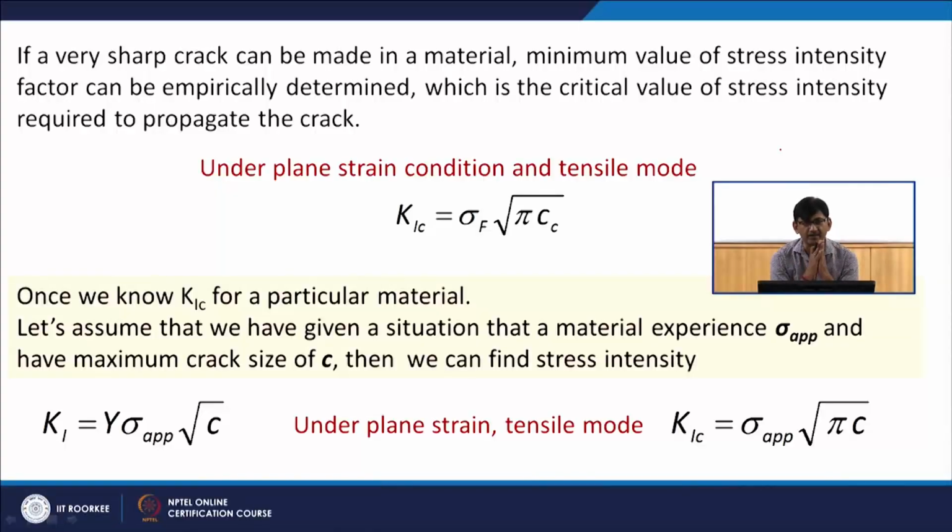If a very sharp crack can be made in a material, now how are we going to use this particular parameter? Initially we will introduce a crack in the material. Suppose you give a material to me and ask me to find out the critical stress intensity factor for this material.